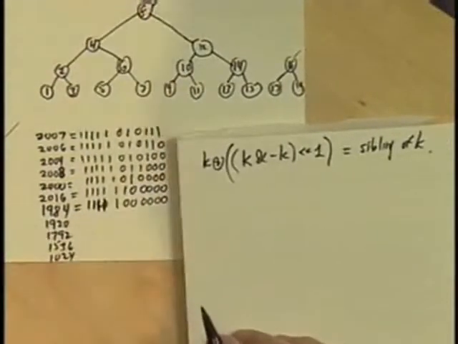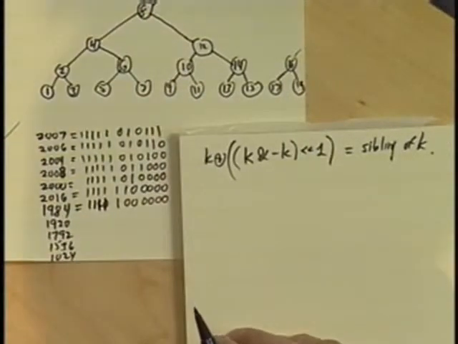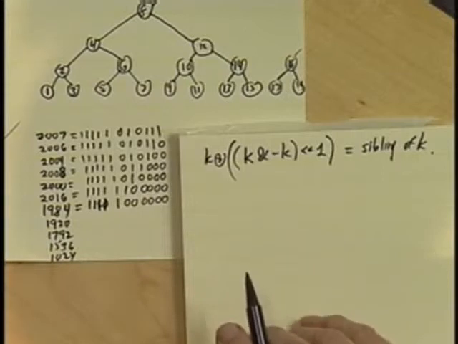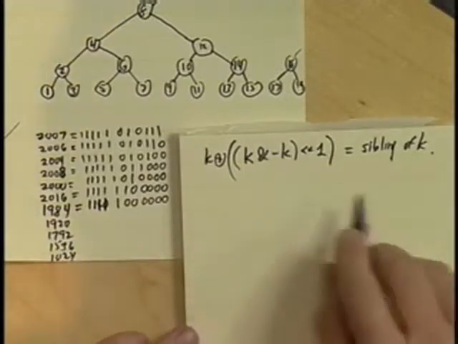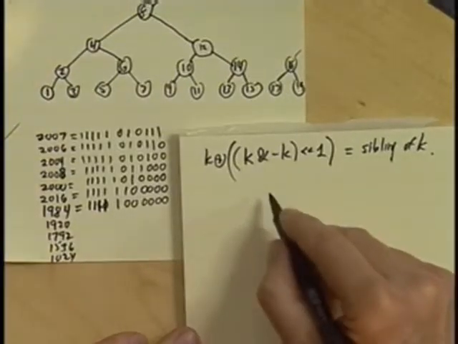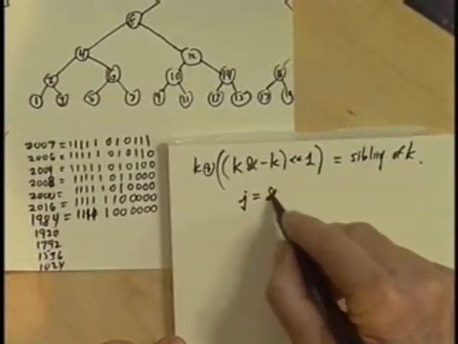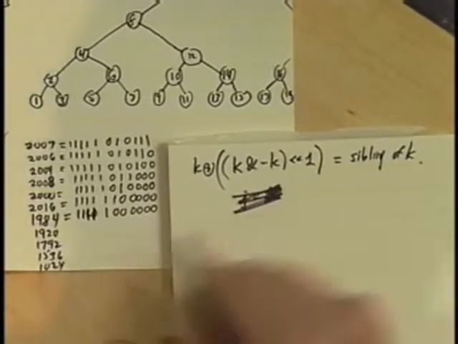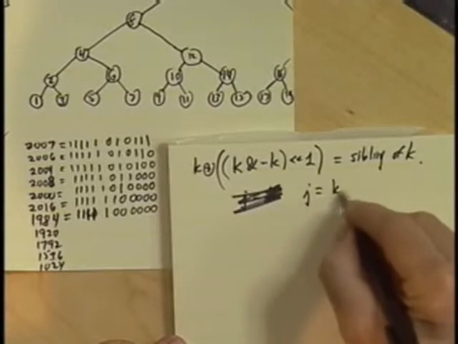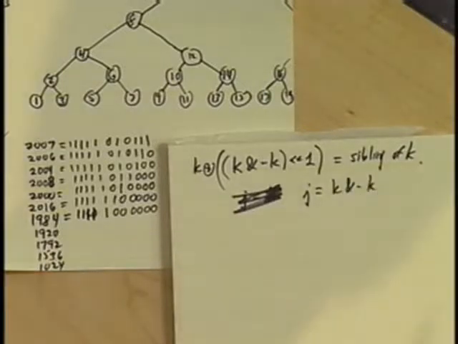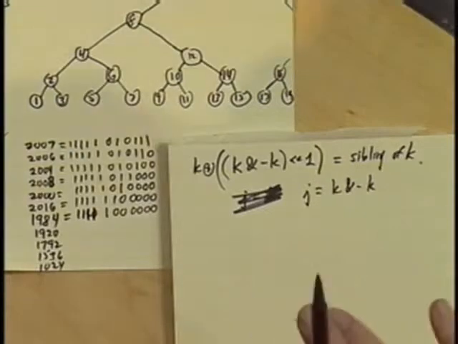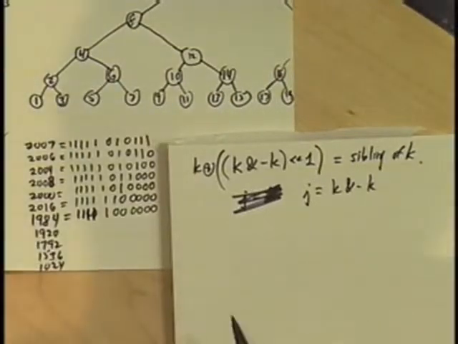Now we can do a similar thing to get the parent of K. So first I'm going to calculate J. J is K and minus K. This is the least bit of K. K is a positive integer, so it's always got a least bit.